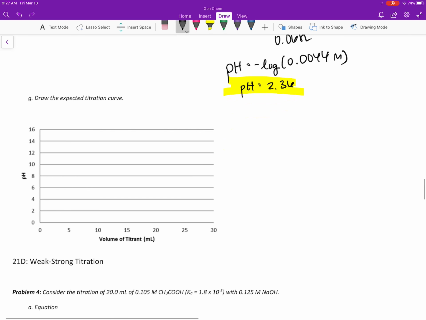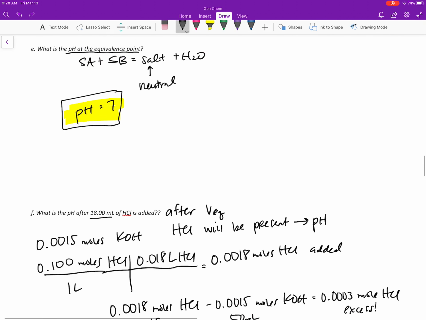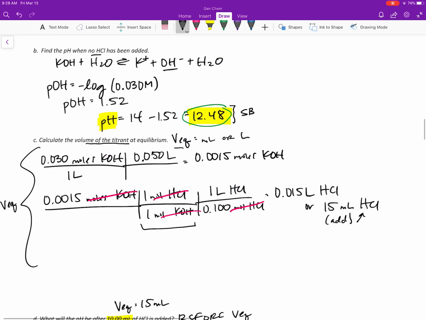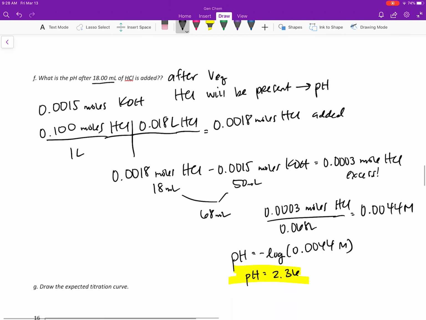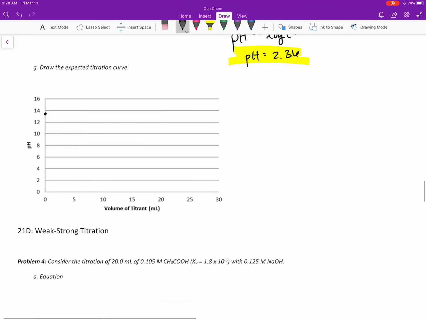Now this says to draw the expected titration curve. So initially we started off with a pH of about, let's see, I should have highlighted it, 12.5. And then at a volume of 10, it's at 11.92. So when I've added 10, it's going to be approximately 11.92.